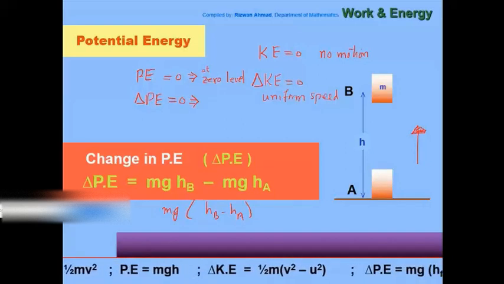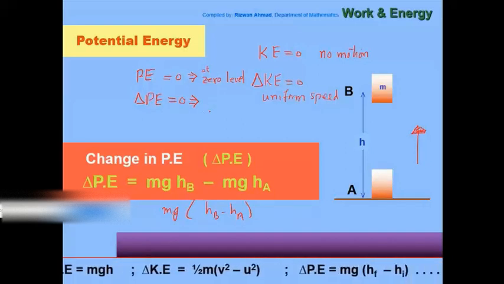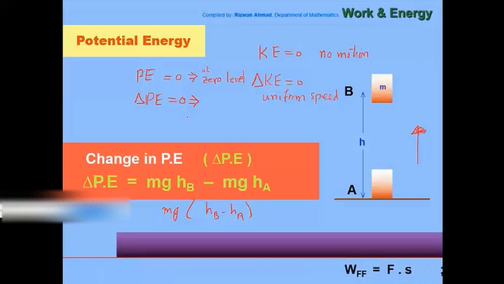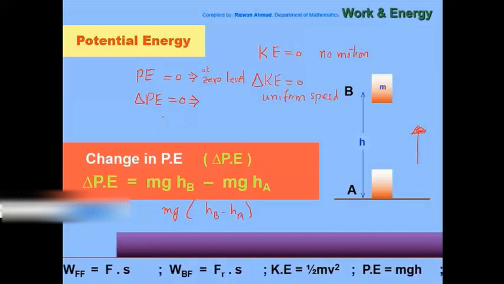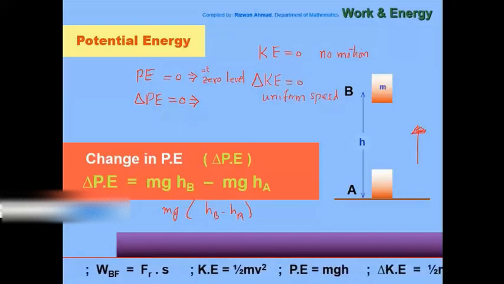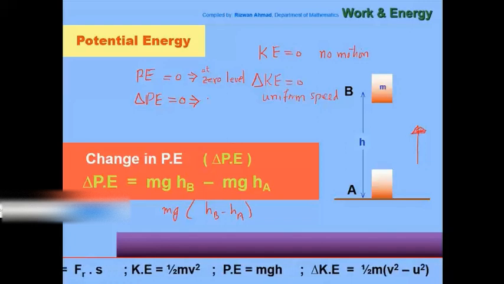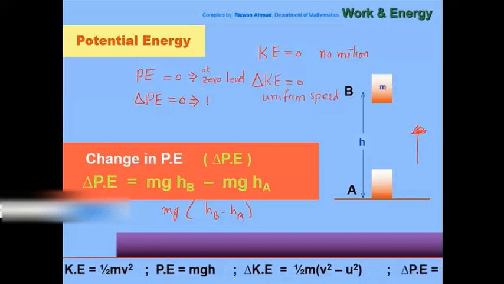This means that object is moving horizontally. It is not changing its position, its height. It's changing the position but not changing the height. Height is constant. So that's why final potential energy and the initial potential energy will be same. So change will become 0. It means that horizontal motion.